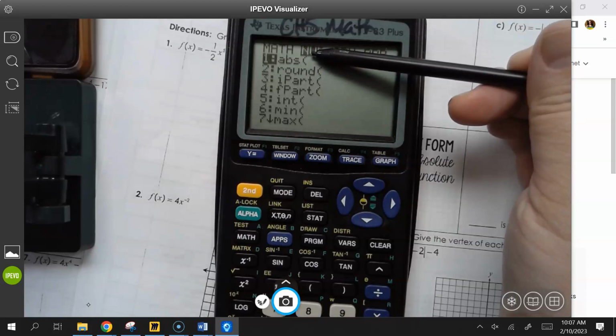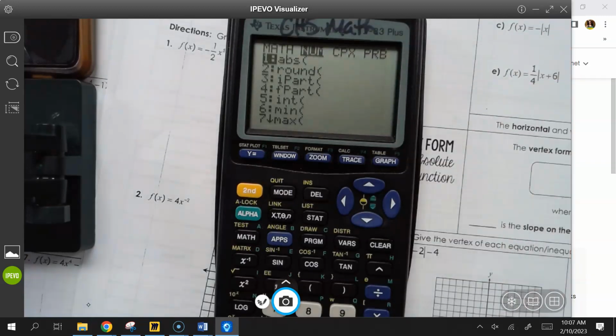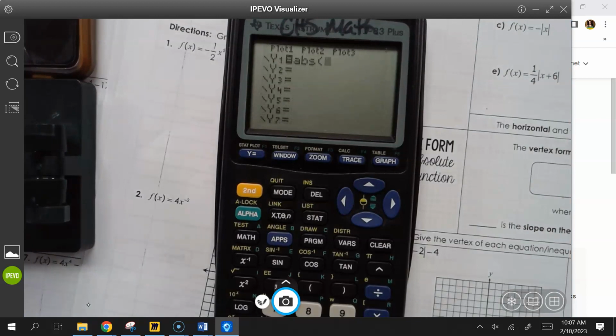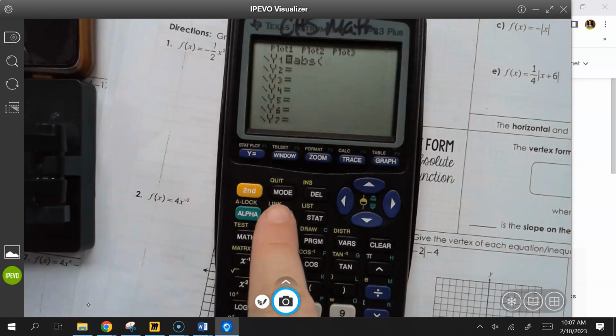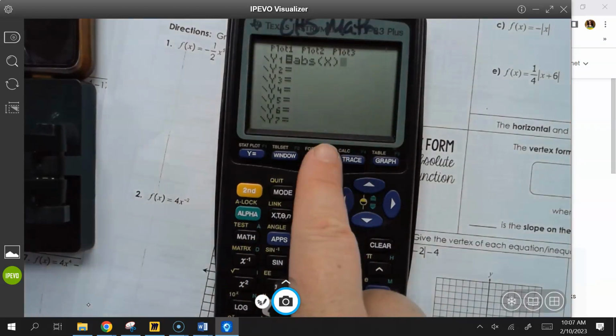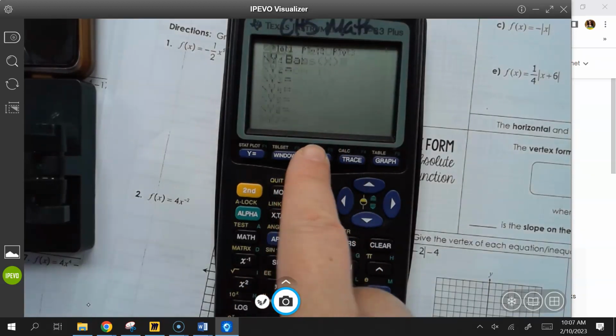That's your absolute value, okay? So that's the one you're going to choose. Some of you have fancy calculators, and when you hit enter on that, it'll actually put the absolute value signs in there for you, and others of you who have calculators like mine, it'll just say ABS parentheses. Either way, this is still the absolute value, and then I'm going to hit the X button, and I'm going to stay with a standard window, so zoom 6.